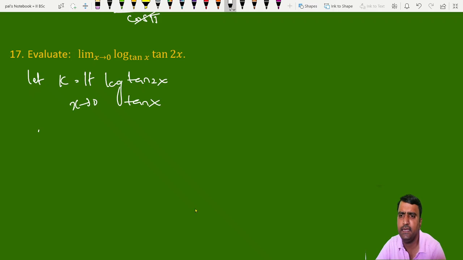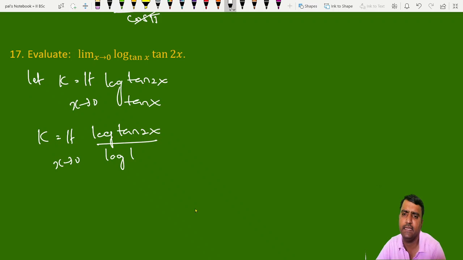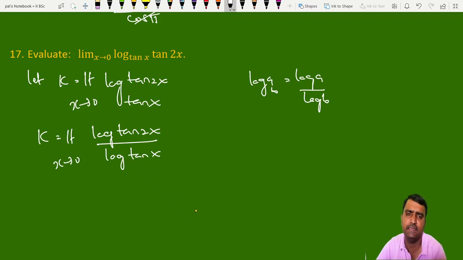So now you can write k is equal to limit x extends to 0, log of tan 2x by log of tan x. This is because log of a to base b can be written as log a to base e by log b to base e, that e is not necessary to write.